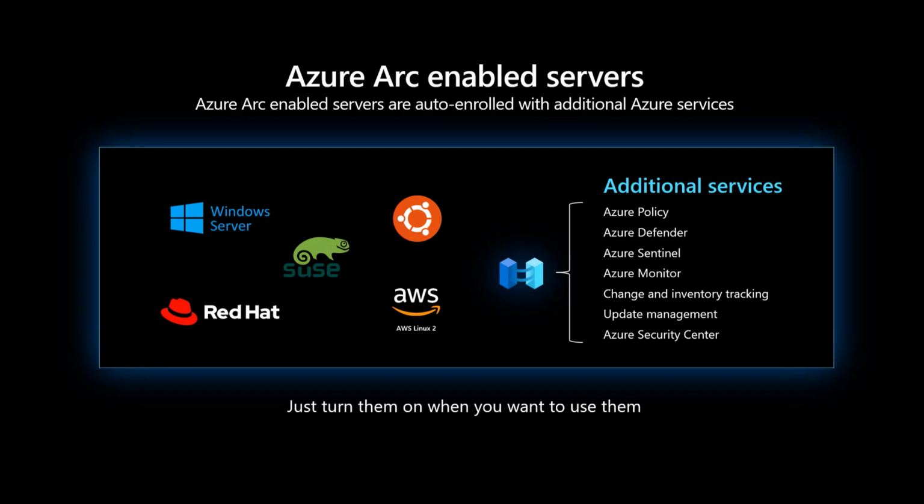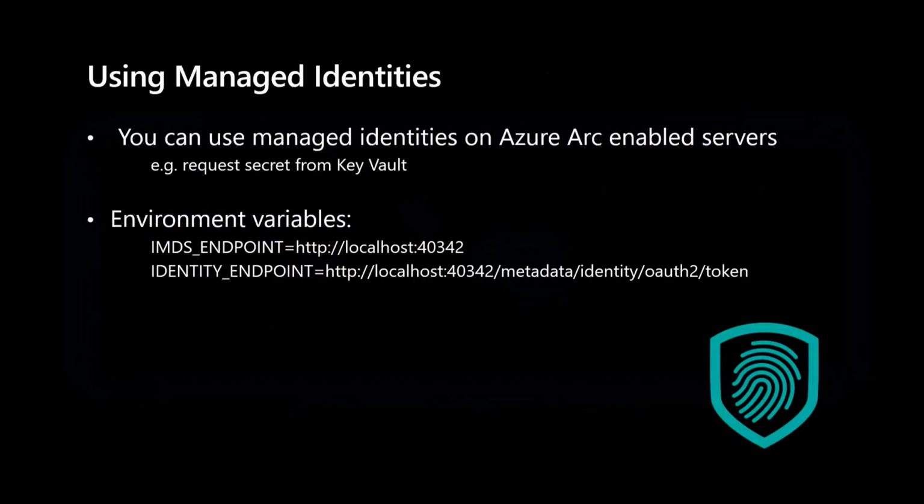And always check the documentation there, because there's a list of supported Linux operating systems and versions as well. And when you work with a different one, you might see that those additional pieces might not work as you expect. But typically, just Arc enabling the server, dropping the agent there, that's usually not an issue.